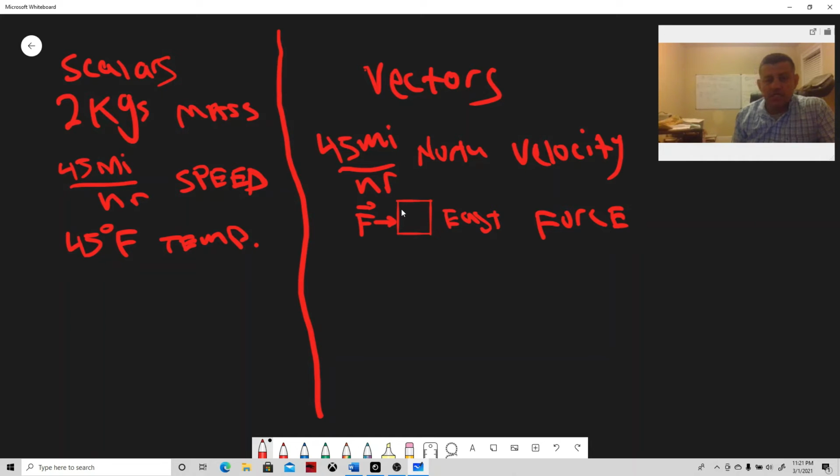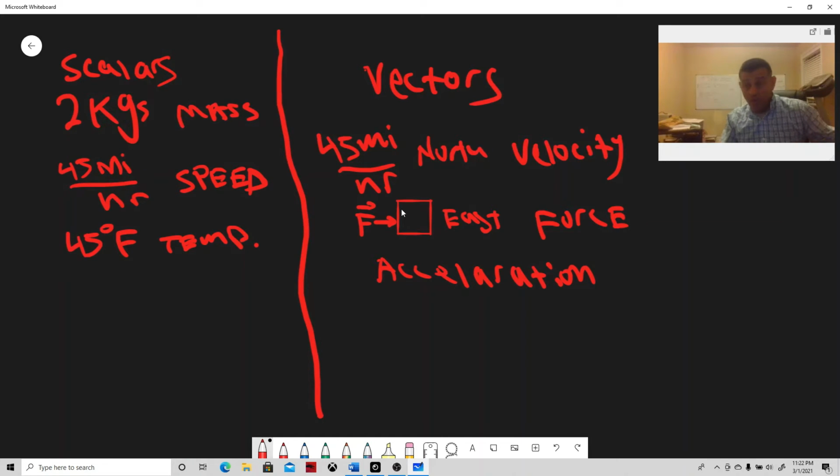What about another one? So we have velocity, we have force, and also we have acceleration, which is also a vector. Those are a few, and it can be more.